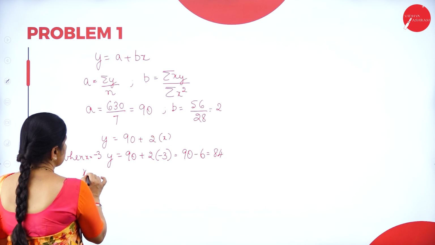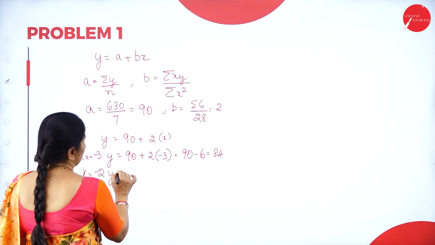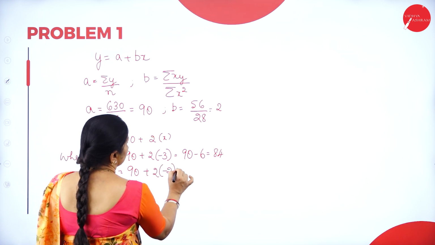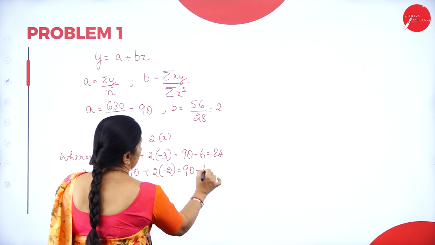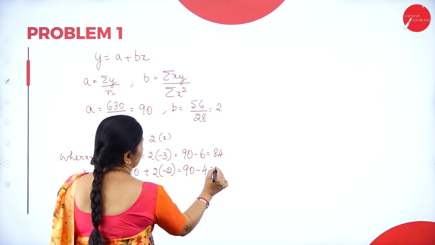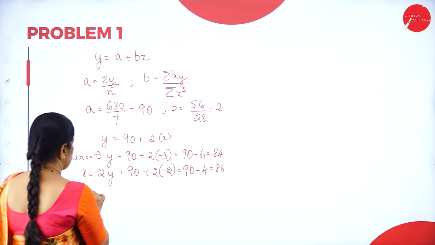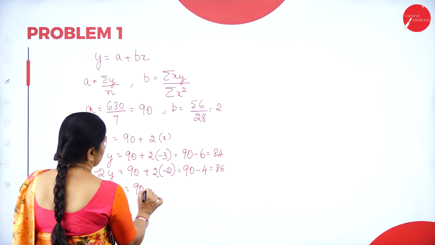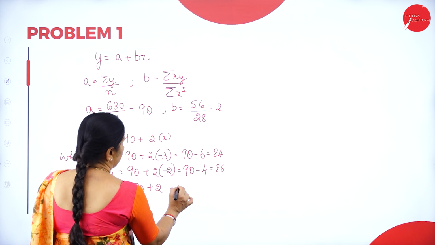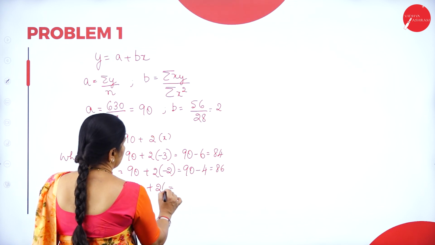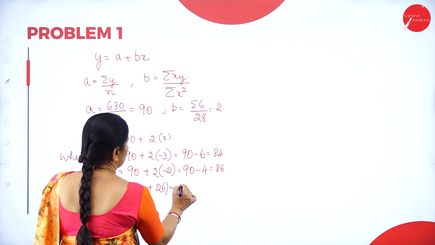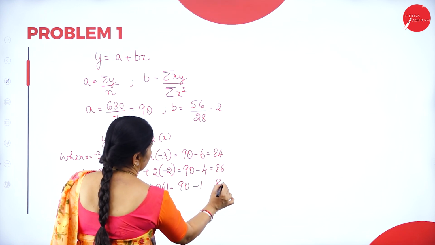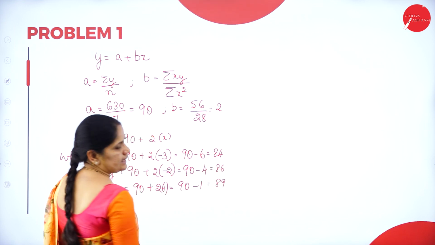Now when x equals -2, y will be 90 plus 2 into -2, that is 90 minus 4, that is 86. When x equals -1, y will be equal to 90 plus 2 into -1, that will be 90 minus 2, that is equal to 88.